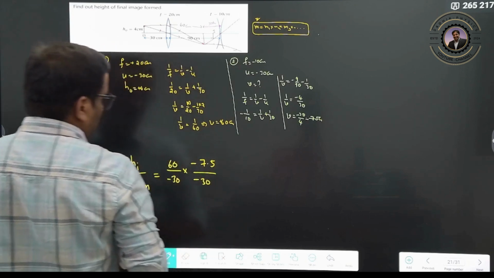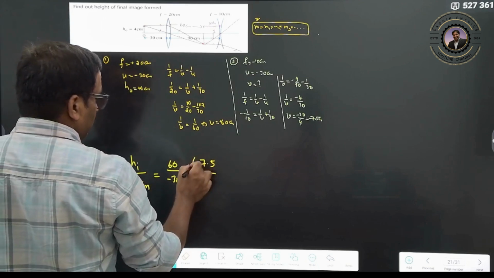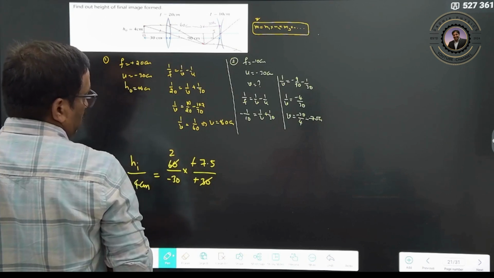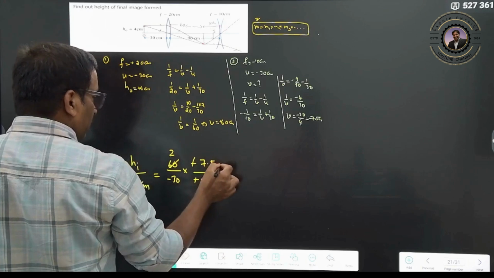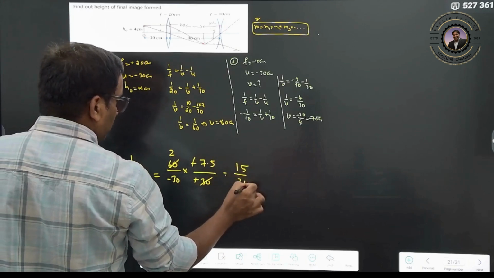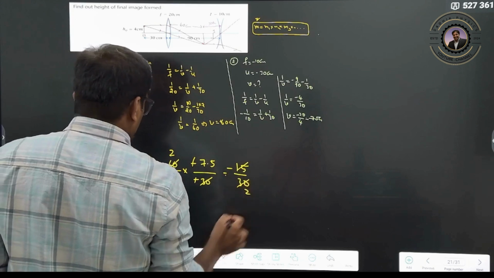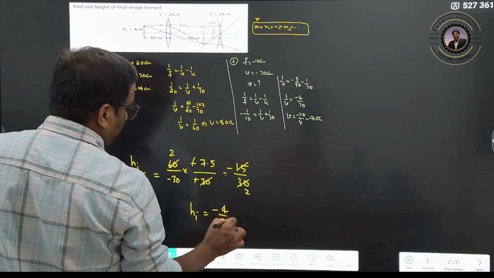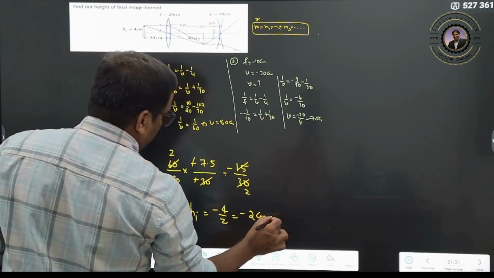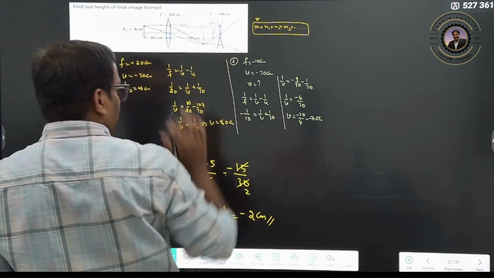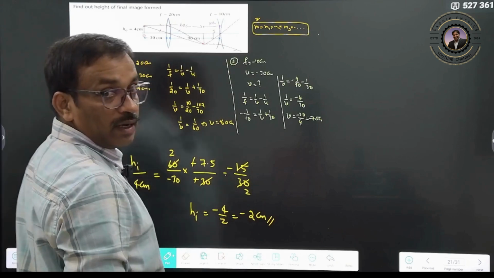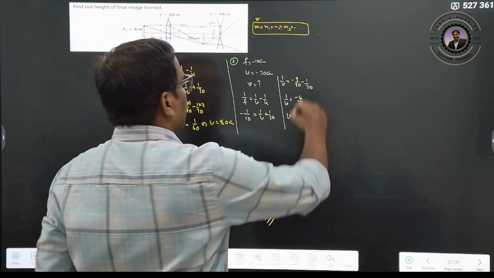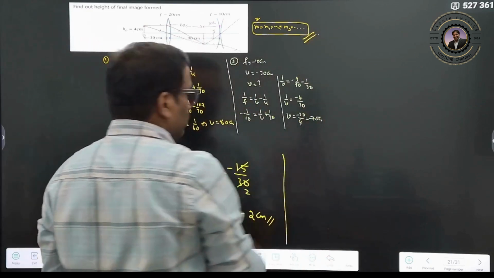The minus minus cancel here, therefore 7.5 by 30 you can write as 15 by 30, that is 1 by 2. So the height of the final image is nothing but minus 4 by 2, minus 2 centimeter. Why minus? Because finally it is an inverted image. So I used this formula and got minus 2 centimeter.